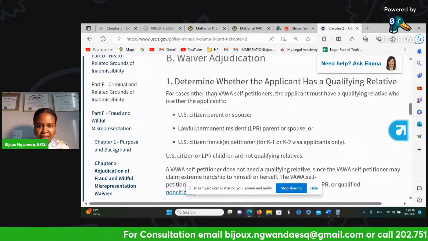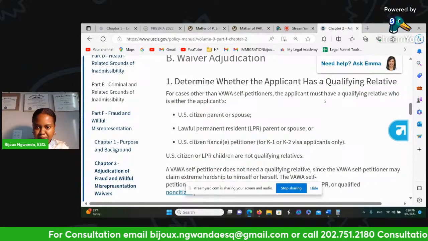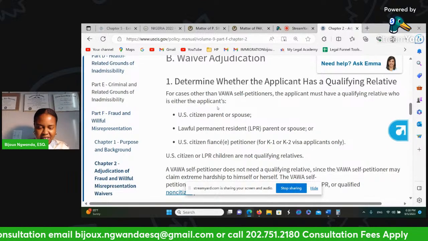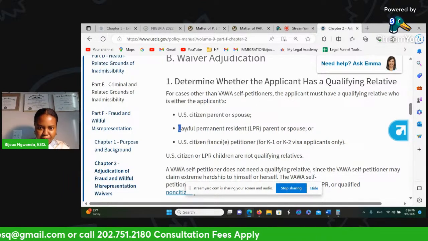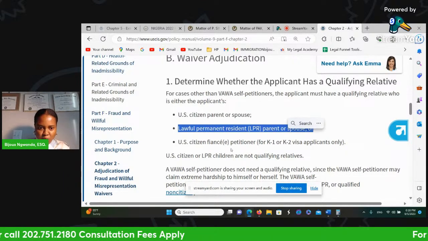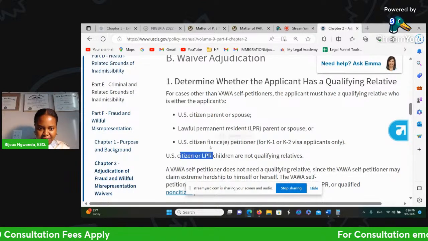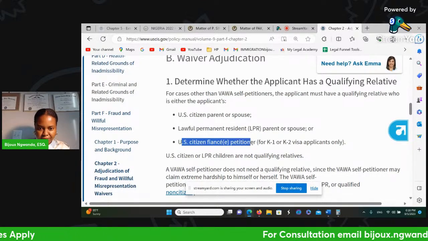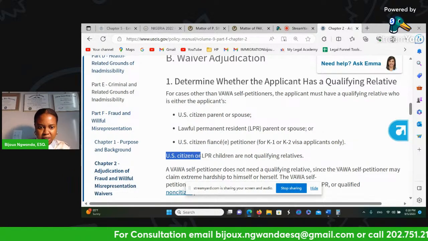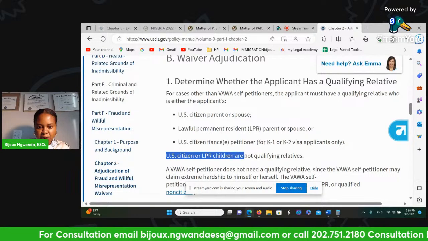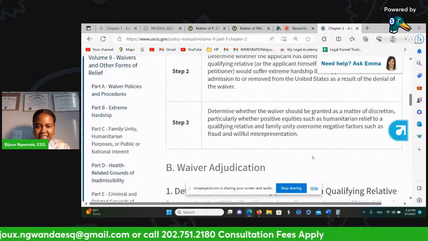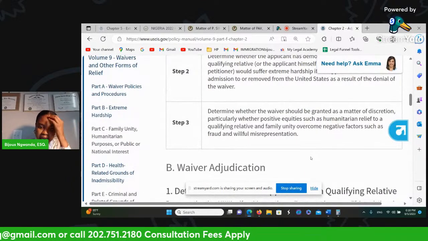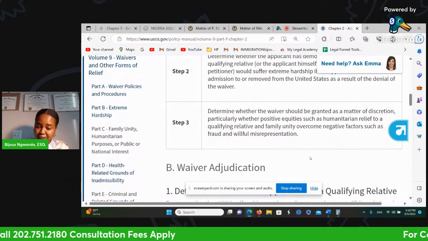You see, for cases other than VAWA, the applicant must have a qualifying relative who is either a U.S. or lawful permanent resident parent or spouse, or a U.S. fiance. U.S. citizen or lawful permanent resident children are not qualifying relatives for the purpose of this particular waiver. That's why I usually tell people this, right?